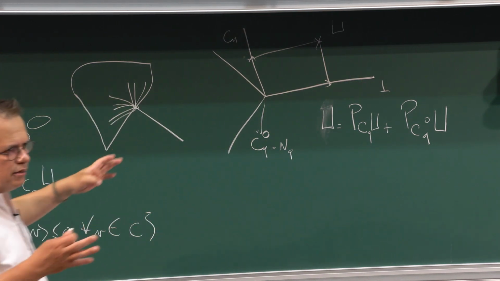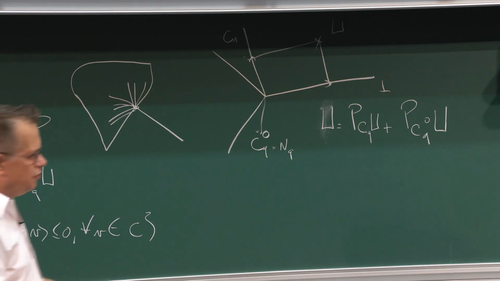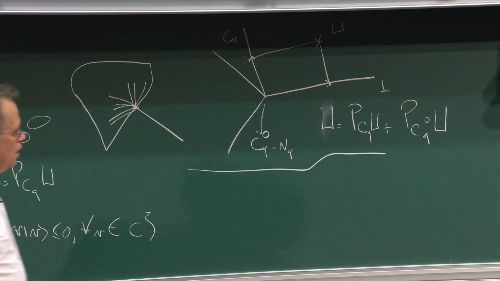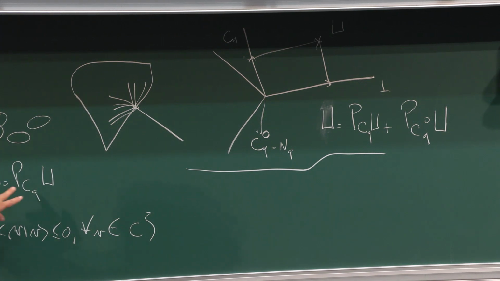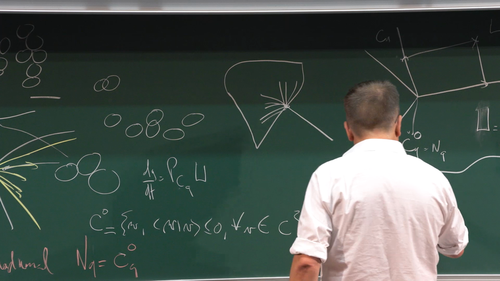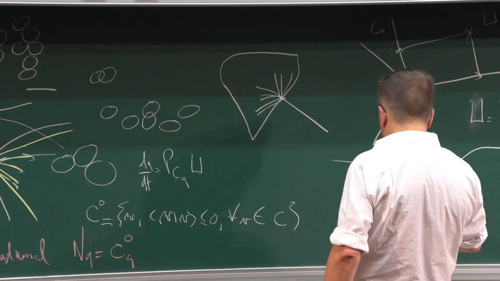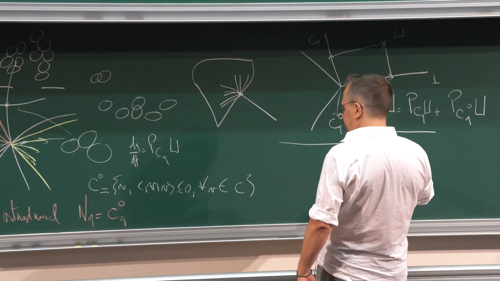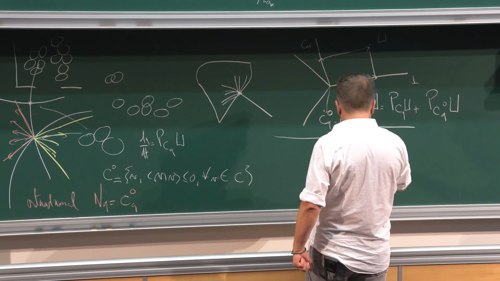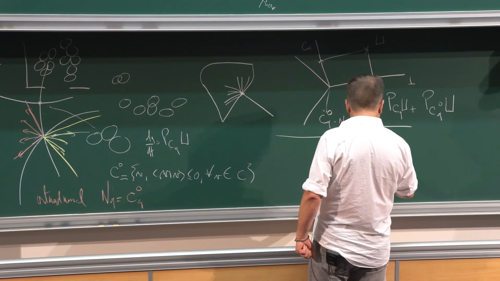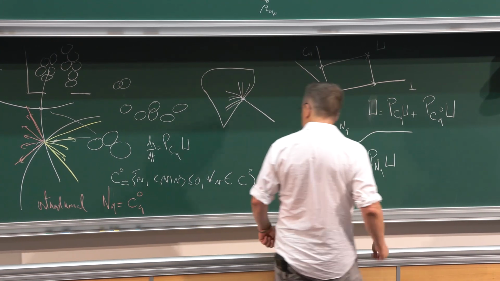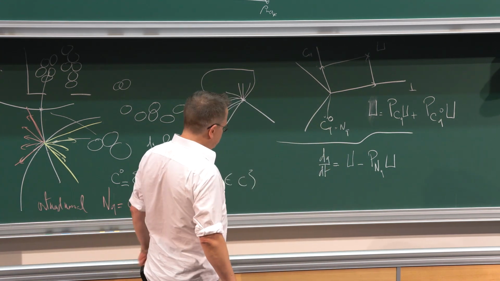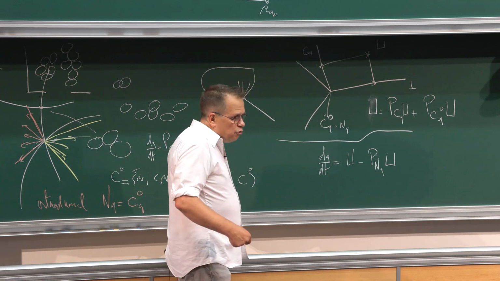It's a graduate exercise. It takes 10 or 15 minutes, but it can be done. Okay, so this can be written like u minus the projection on the normal cone. I simply use this formula to eliminate the projection onto C_q. Okay, so that's the first step.